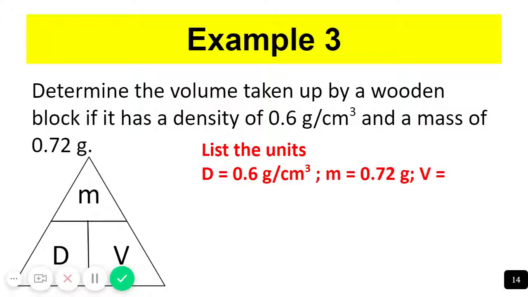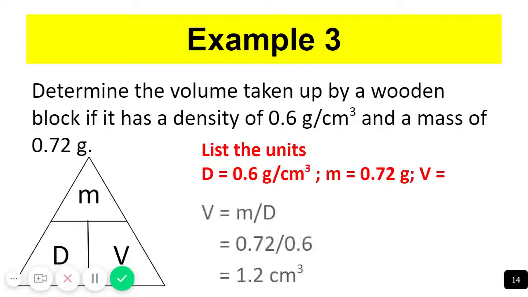In this case, what do you need to do? Which unit do you need to cover on the triangle? If it's the volume, you got it correct. So cover the volume with your hand. What do you see? You see mass divided by density. So volume is mass divided by density.